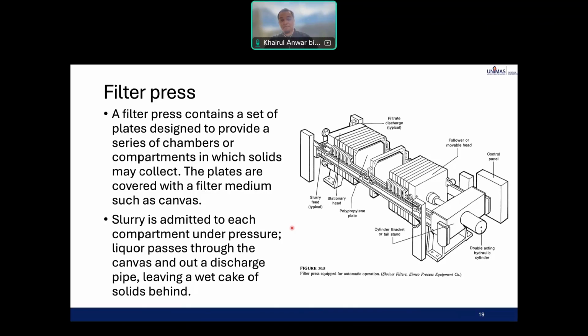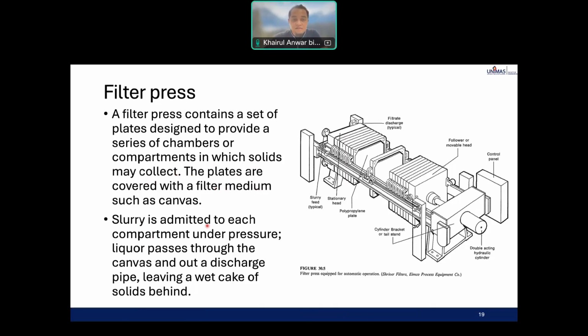Then filter press. A filter press contains a set of plates. This is the plate. To provide a series of chambers or compartments in which solid may collect. The plates are covered with filter medium such as canvas, or sometimes cloth like a fabric.